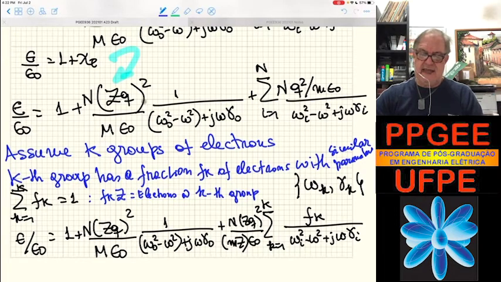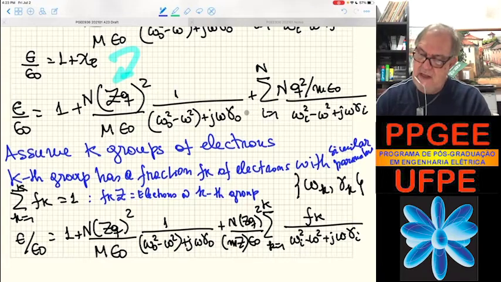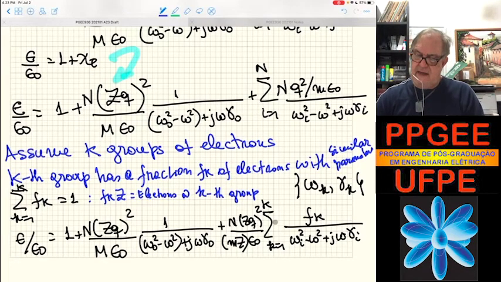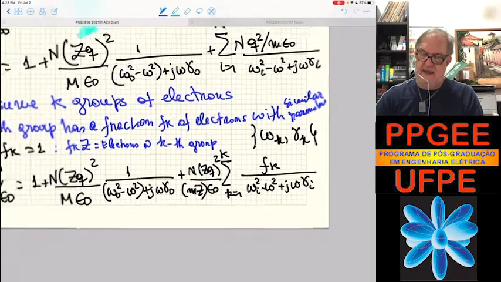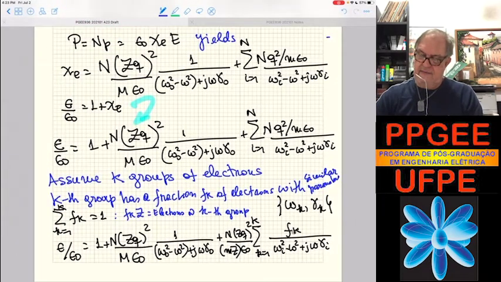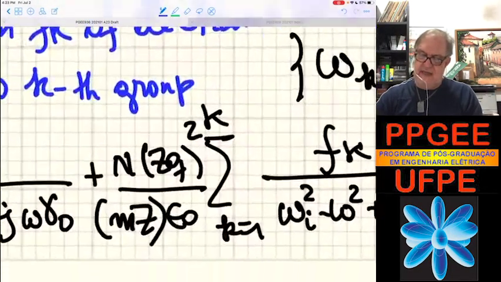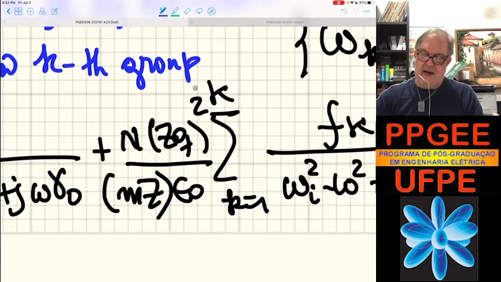Okay, so in this case, this is going to be the same term here. And here you see that now the sum becomes a sum over the group index, from k equals 1 to k equals capital K. So if you see here, you have Z squared divided by Z, which equals Z, and Z times f_k, which is Z squared divided by Z, right?